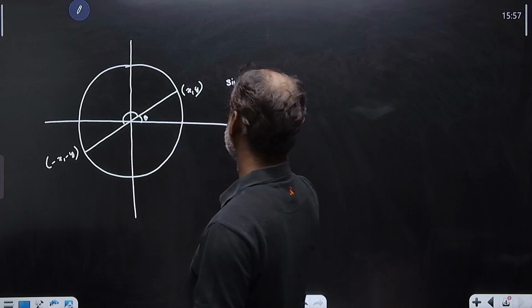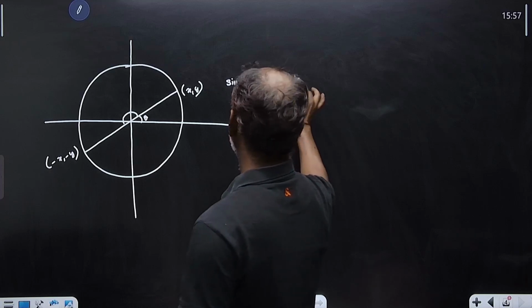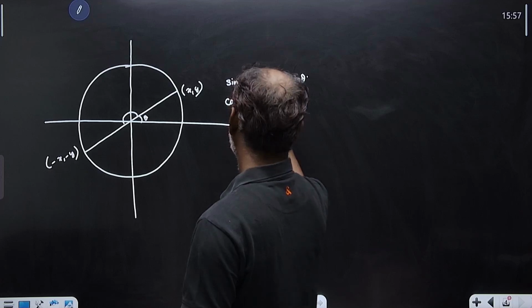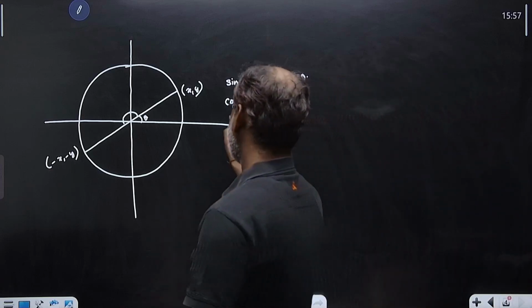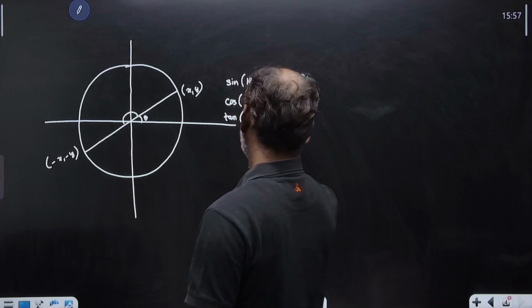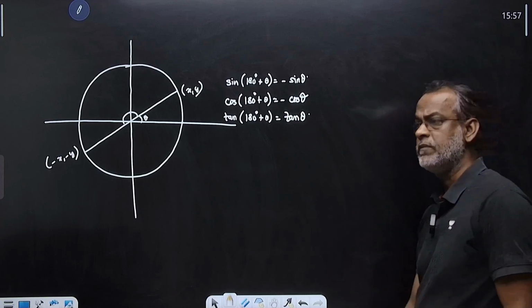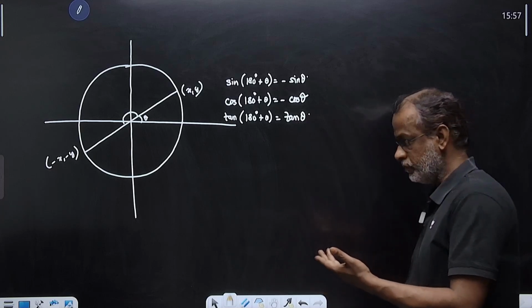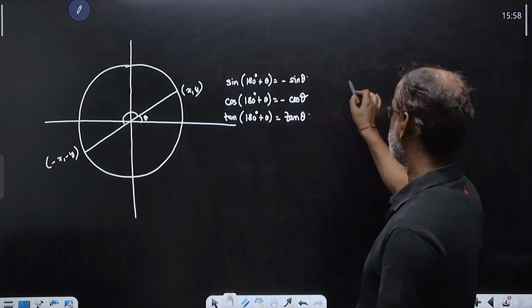So, sin pi plus theta, that is sin 180 degree plus theta, is minus sin theta. Tan 180 degree plus theta, you can say minus minus gets cancelled out. Similarly, I can make you prove the relation between, say, 270 degree minus theta and 270 degree plus theta. I am simply writing it, okay.